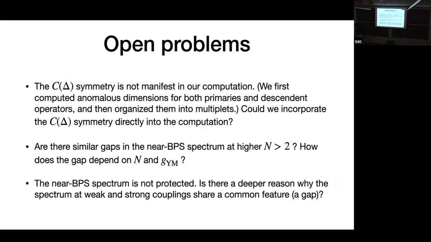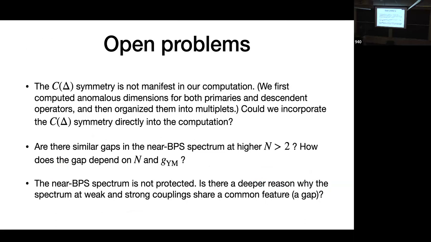Let me mention this. So there are some open problems. First, in our computation of this diagonalization problem, we didn't use all the symmetry, and we can see that after we use the symmetry, the number of real multiplets with respect to this symmetry is much smaller.